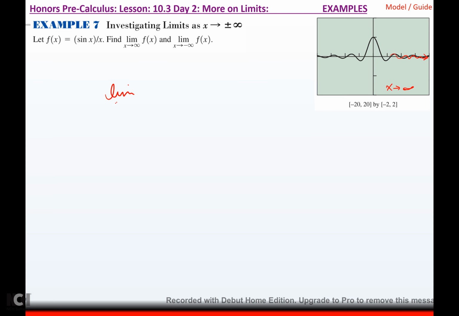So the limit as x approaches infinity is 0. Same as I go this way. As I approach negative infinity, my function is getting closer and closer to 0. Okay?